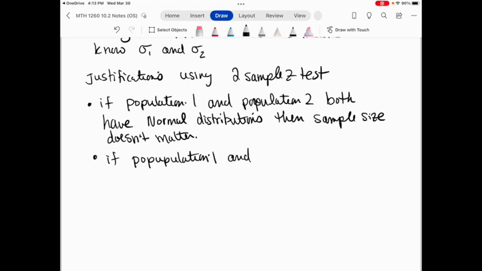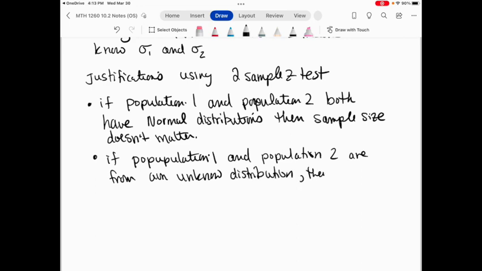However, if population 1 and population 2 are from an unknown distribution, then the sample size has to be greater than or equal to 30 for both samples. So it has to meet one of those two criteria in order for this to work.